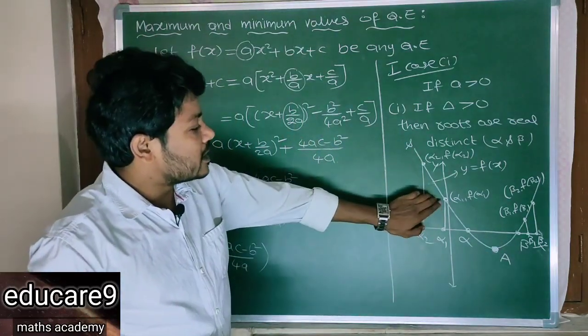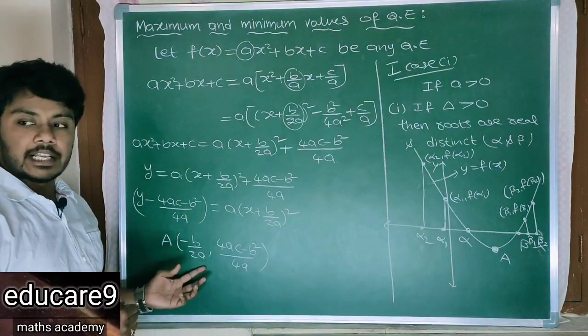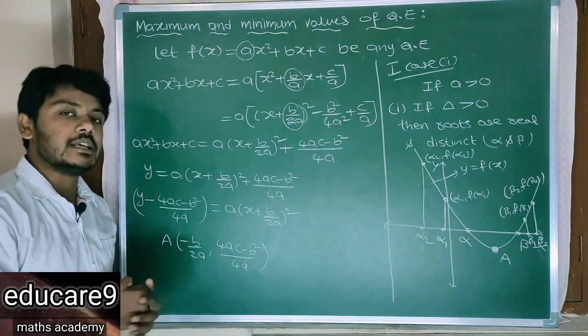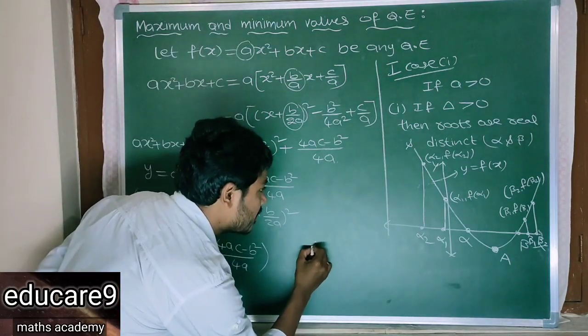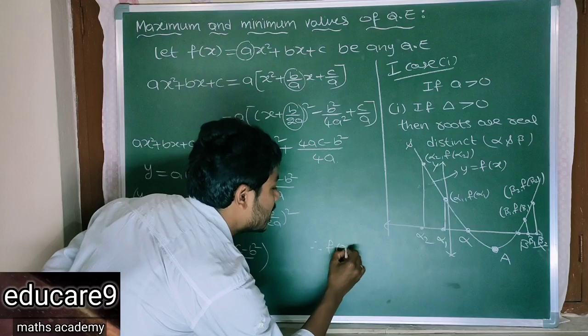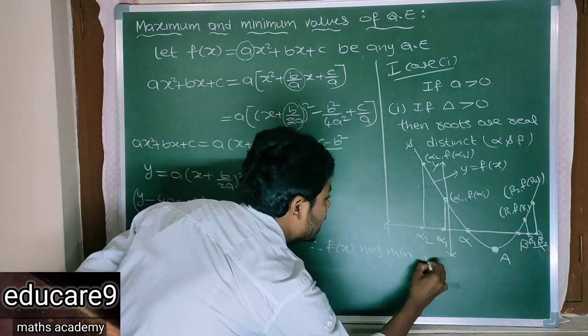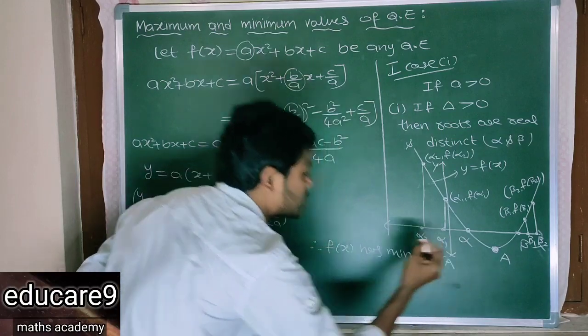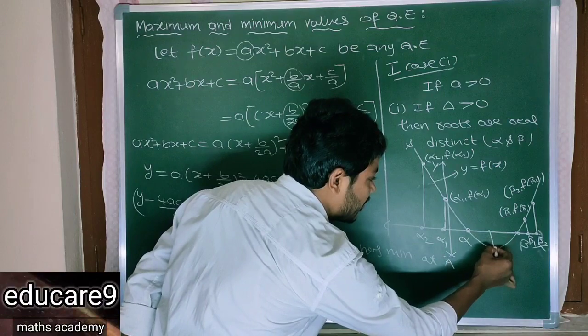So this graph has the minimum value at the vertex minus b by 2a comma 4ac minus b square by 4a. So therefore f of x has its minimum at the vertex. Okay, so clearly this is the minimum value.